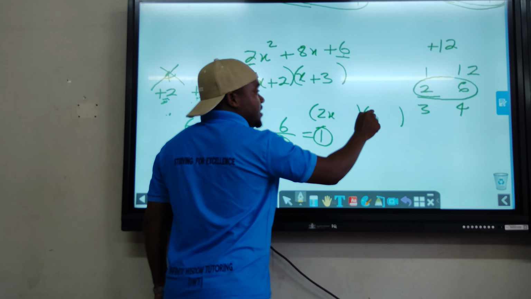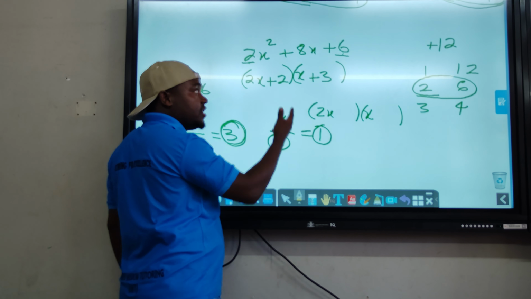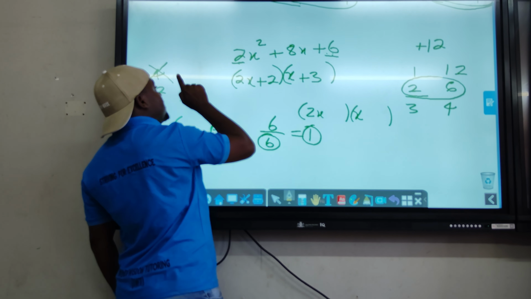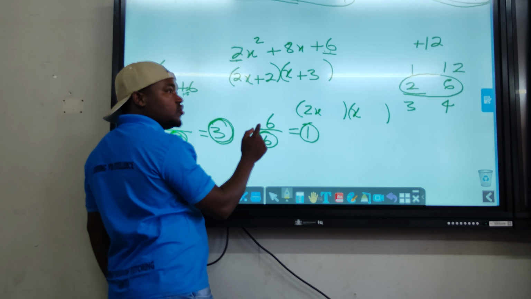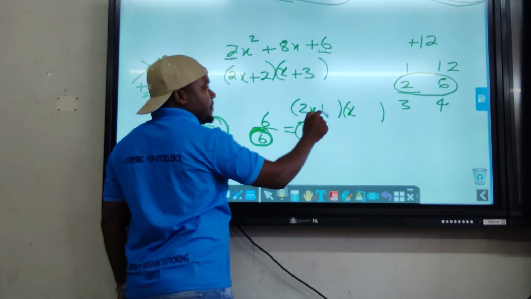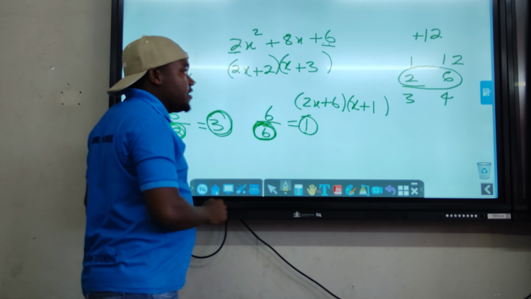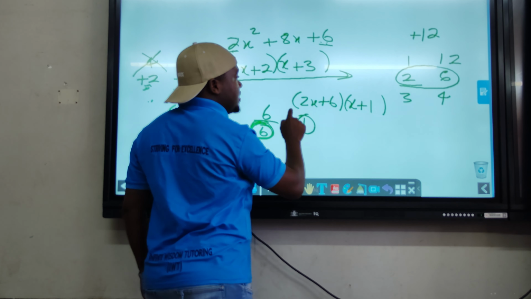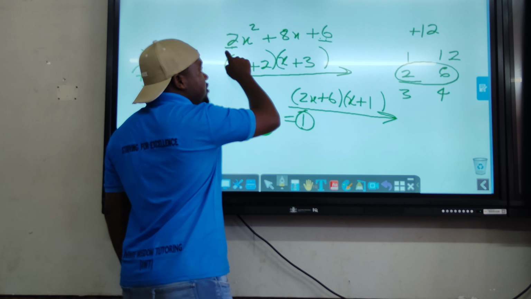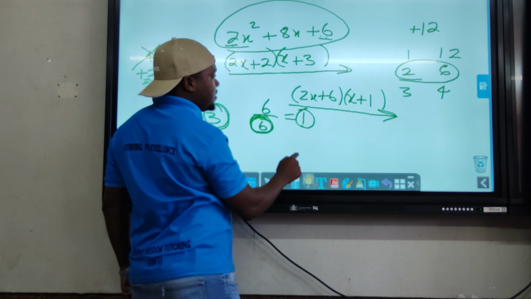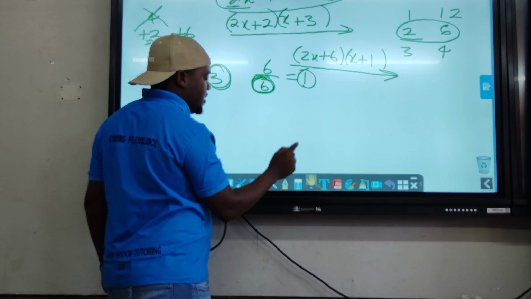This is another answer that someone can come up with if they decided to divide 6 by 6 before dividing by 2. So I use this one here, I use this one here. If you expanded this, you'll get the same answer as you expanded this, which is this. And then let's test it, then I think I'll be done explaining after that.